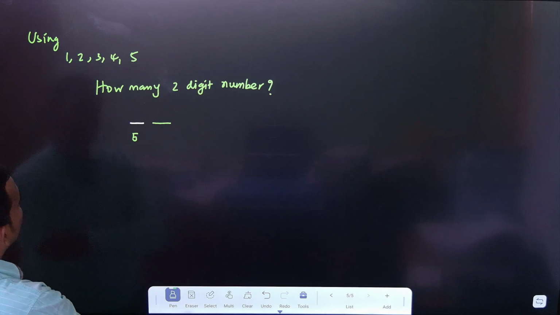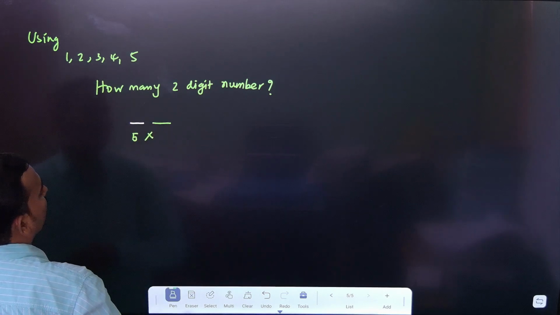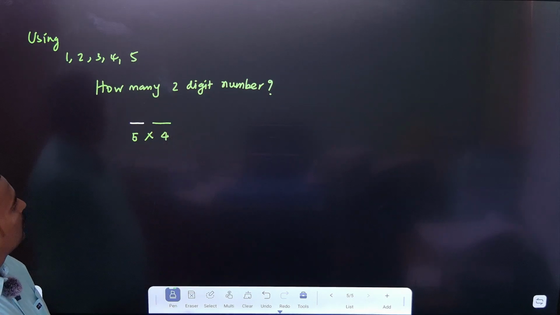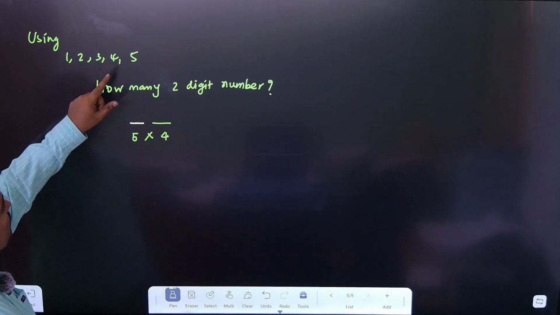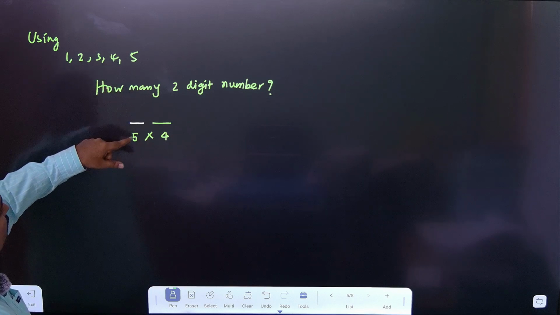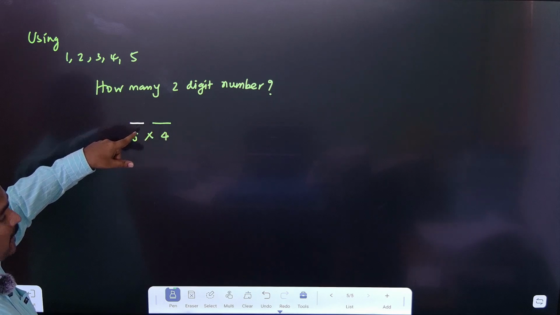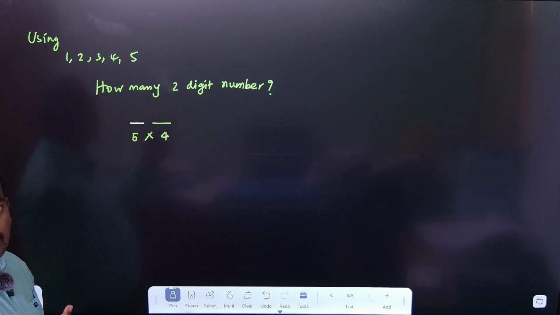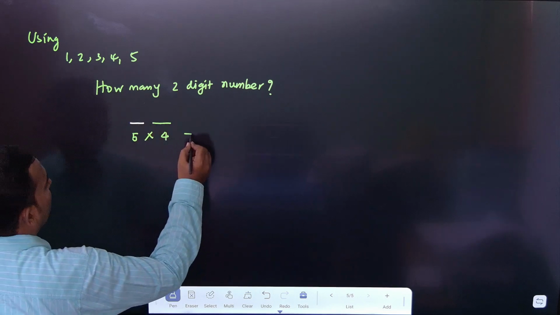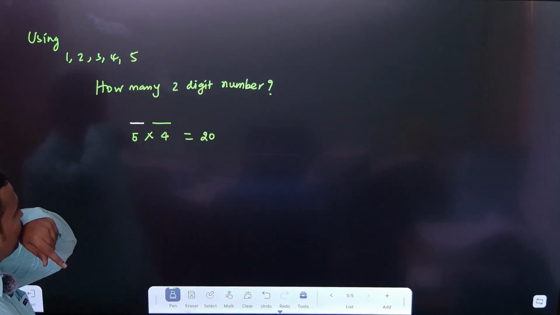If one of the numbers is placed here, the unit place can be occupied in 4 ways. So there are 5 numbers, 1, 2, 3, 4, 5. Any one of the 5 can occupy the 10th place. If one number is placed, the remaining 4 numbers can occupy the unit place. Therefore 5 into 4, it's 20 possibilities. Clear? Okay.